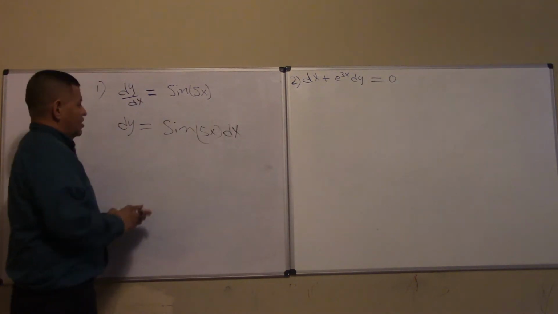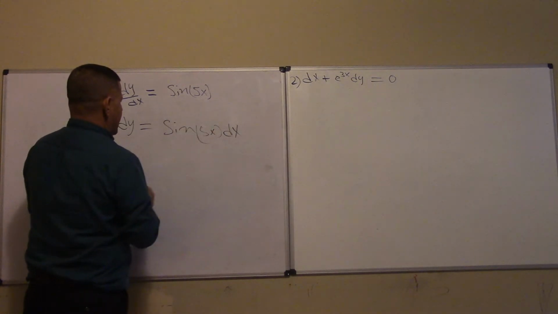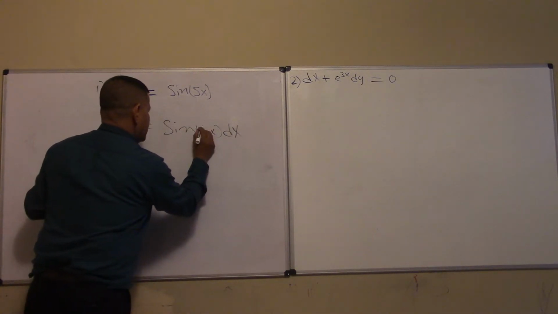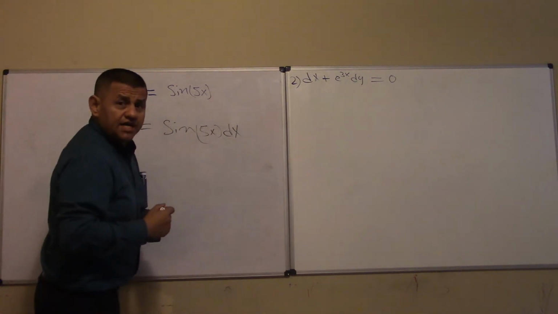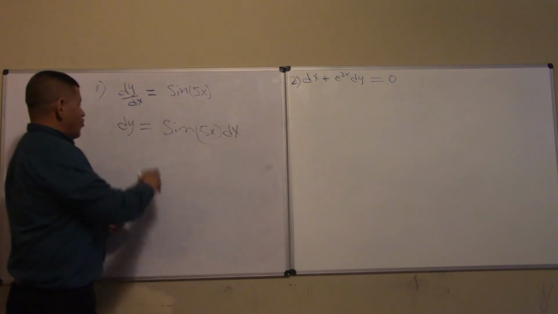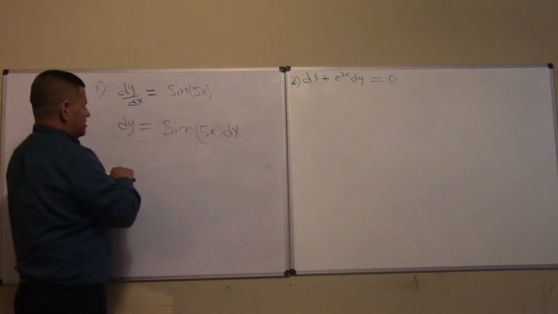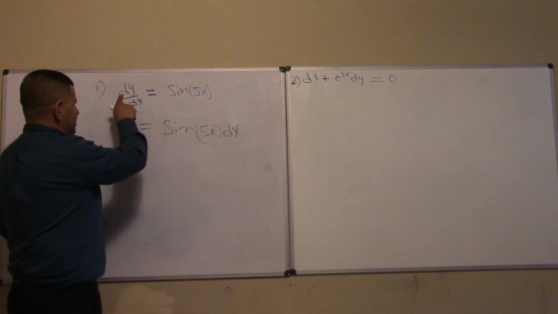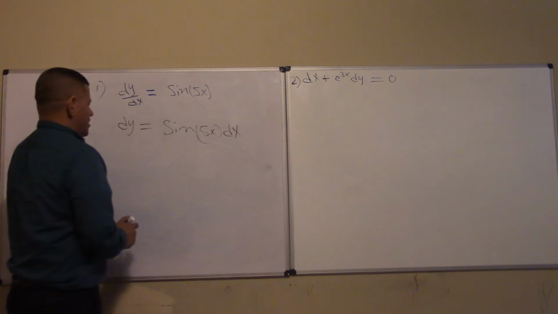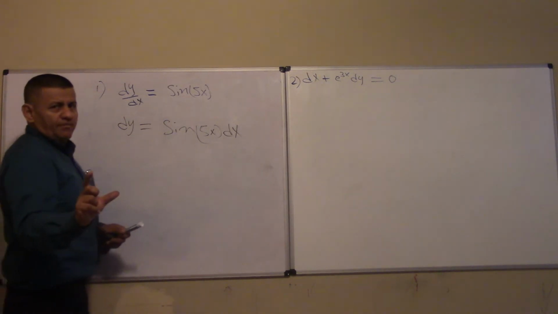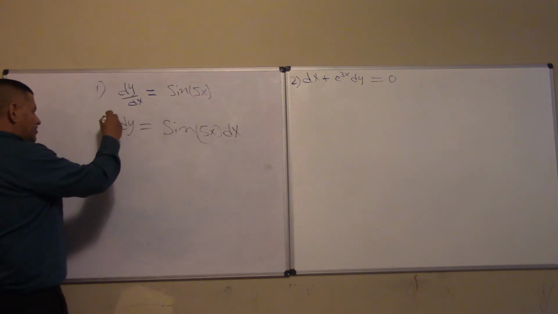Now that I have this, I can actually integrate on both sides, because my first step is already done: separate the variables. I have a dy on this side and a dx on this side. But I have to integrate on both sides. That is my next step.